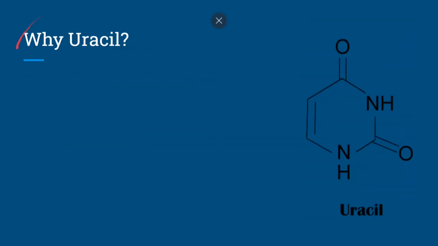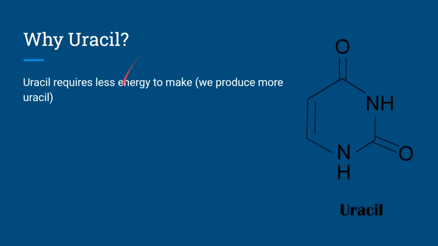So one of the questions is, why do RNA nucleotides and RNA molecules use uracil instead of thymine? And one of the reasons is that uracil requires much less energy to make than the thymine base. And as we produce much more RNA molecules than DNA molecules in our lifetime, by producing uracil, we save much more energy.